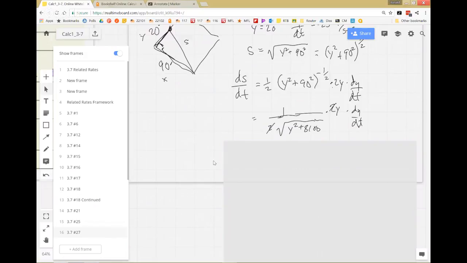Then putting that 90 squared, I multiplied out. That's 8,100. And that's the square root on the bottom, so I stuck it on the bottom. The 2 cancels with the 2 on the 2y. And so basically, there it is, y over the square root of y squared plus 8,100.